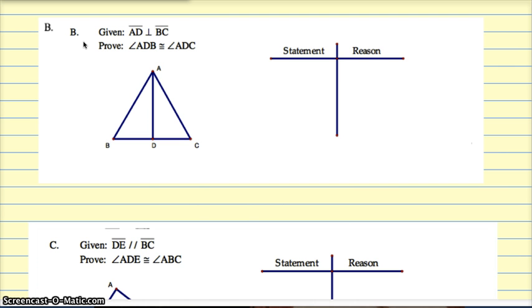Second one, you're given that two line segments are perpendicular. AD is perpendicular to BC. It was given. Perpendicular leads to what? Perpendicular leads to right angles.